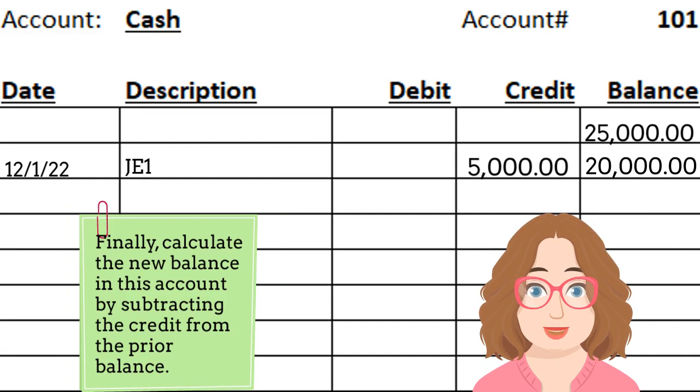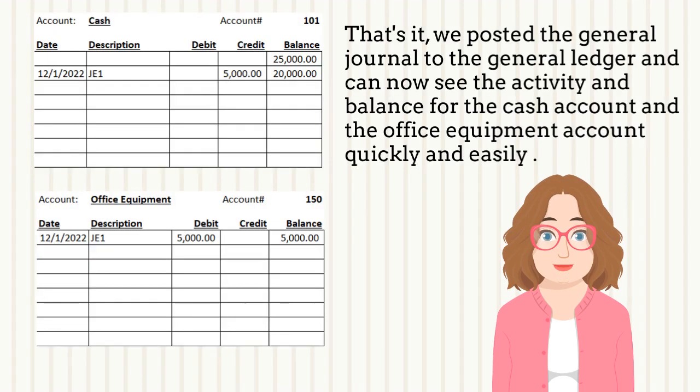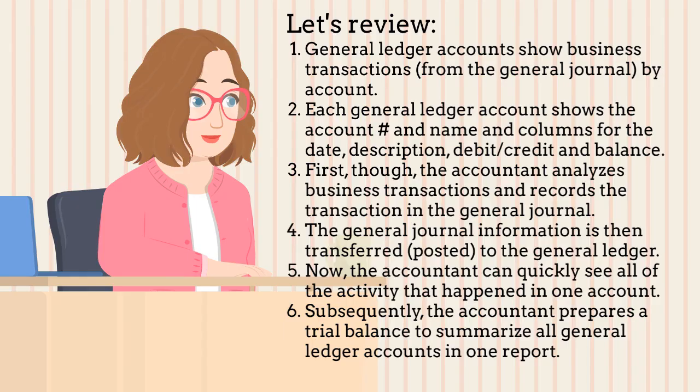Finally, we'll calculate the new balance in this account by subtracting the credit from the prior balance. To finalize the posting, we now need to write the general ledger account number into the posting reference column of the general journal. That's it, we posted the general journal to the general ledger and can now see the activity and balance for the cash account and the office equipment account quickly and easily.